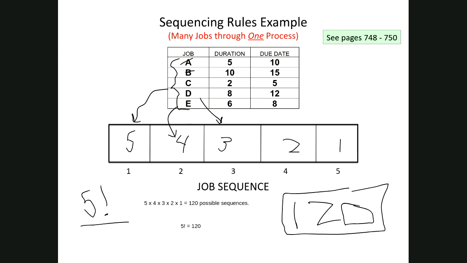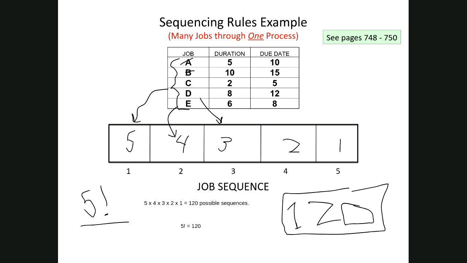And that becomes a problem. Sequencing is among all of the hard problems in mathematics. Sequencing is one of the most difficult problems to solve and to guarantee that you have an optimal or the best solution. And here's the reason.